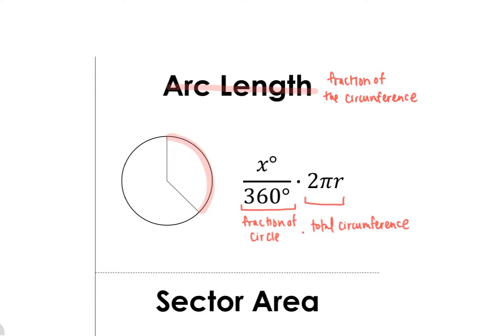So x represents the arc measure or the central angle. So it'd be x over 360 because 360 is the total circle. So that's the fraction of the circle times 2 times pi times the radius. Okay. So let's look at a couple examples.